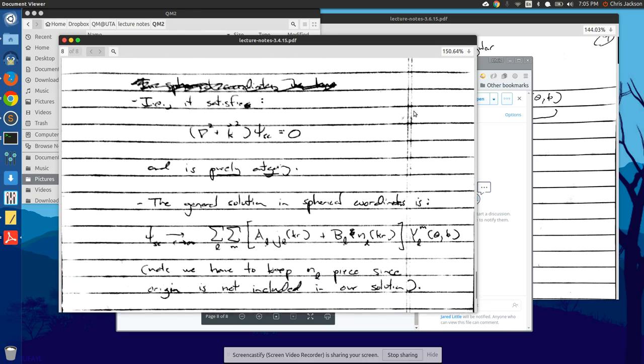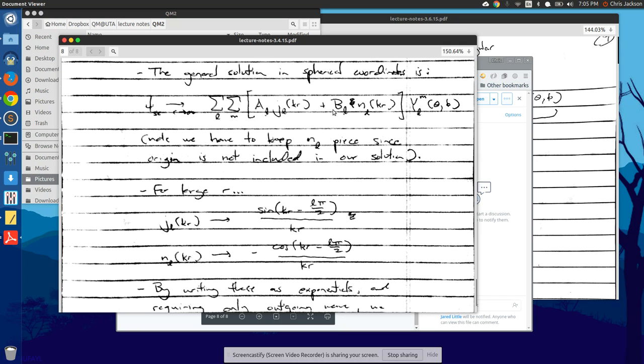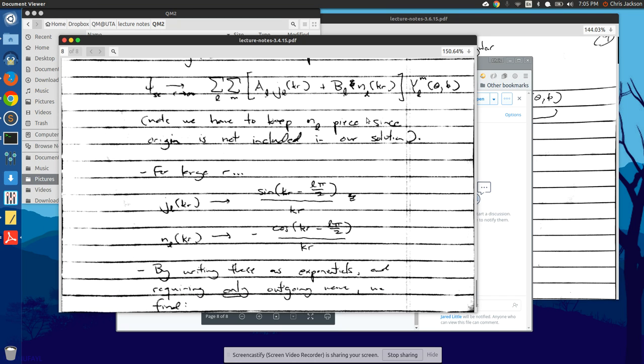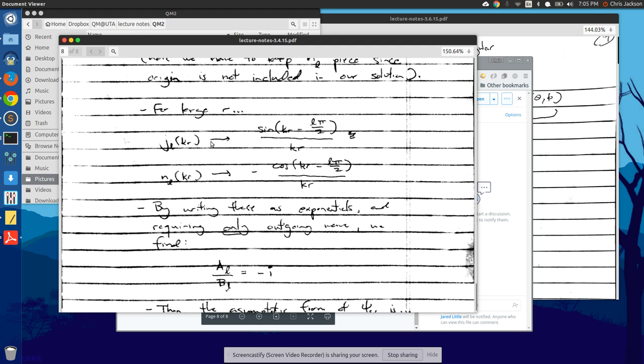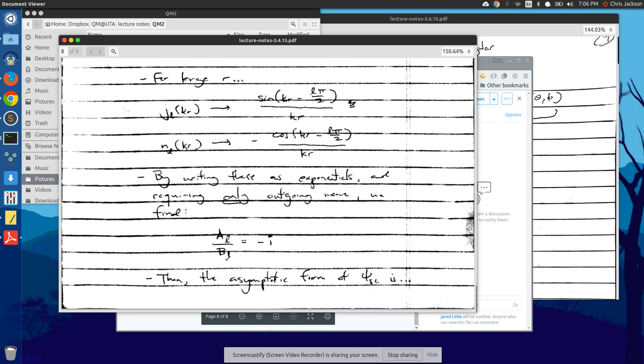So we can take those spherical Bessel and Neumann functions and expand them for large R. And we saw last semester that for large R these look like basically sine functions over R, or cosine functions over R.